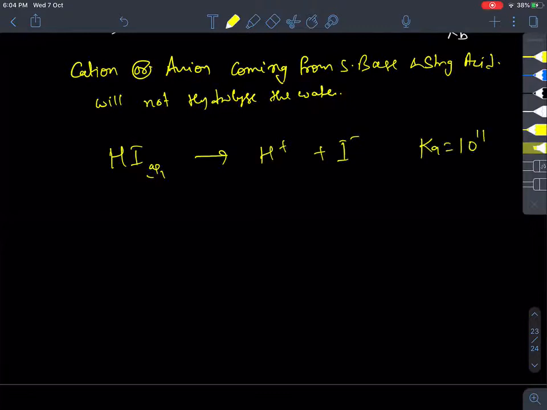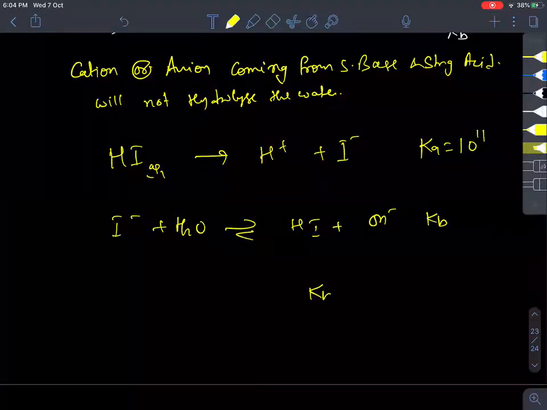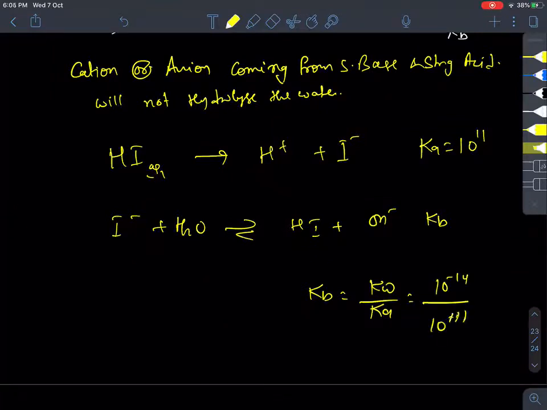Now, my dear, if this is like this, so conjugate base hydrolysis, even if you are trying to form HI and plus OH minus, this is Kb. Don't you think this Kb is equal to Kw by Ka, the way I explained last time? Kw is 10 to the power minus 14 already at room temperature, and this is plus 11. Can you look at this value?